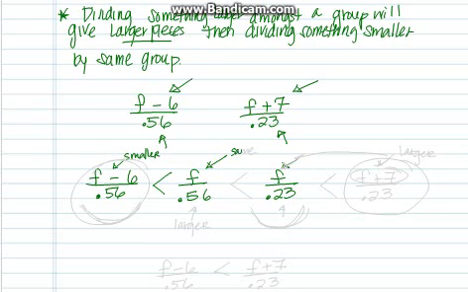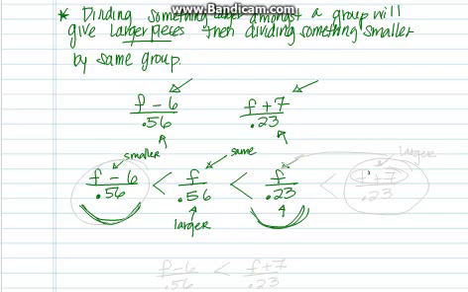Since these are the same here, look at the size of what I'm dividing by. I'm dividing by 56 hundredths here and 23 hundredths here. Since this is larger, it actually makes this fraction smaller because I'm dividing by more things. So then I have this comparison that f minus 6 over 56 hundredths is less than f over 23 hundredths.